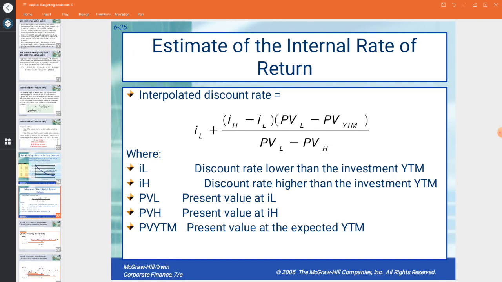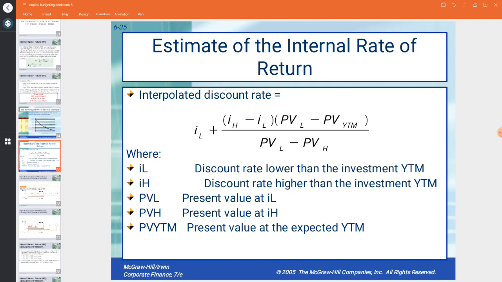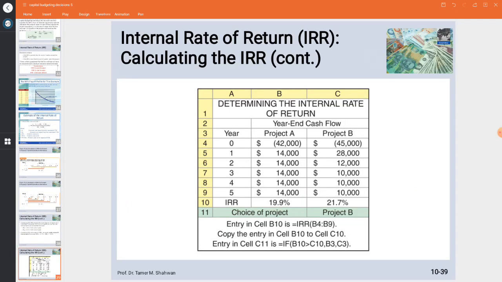And this is just for your information, because it will take a long period of time to calculate and substitute, just for your understanding. This 19.44 is determined using the interpolation method. Recently, we could calculate the internal rate of return using the mathematical algorithm implemented in an Excel sheet.